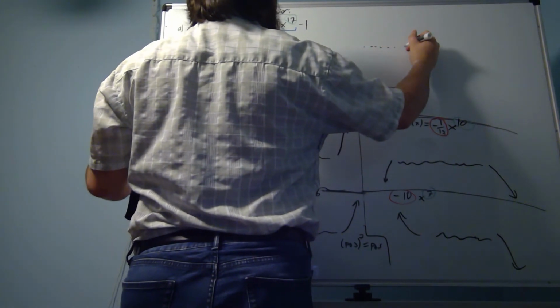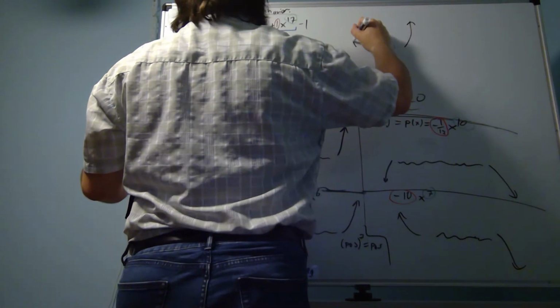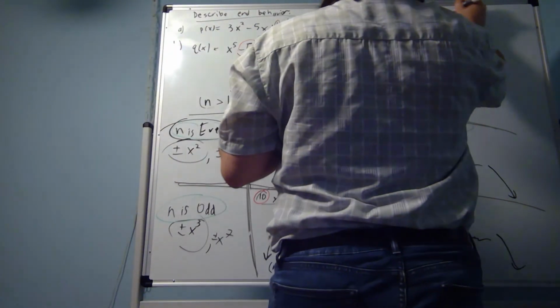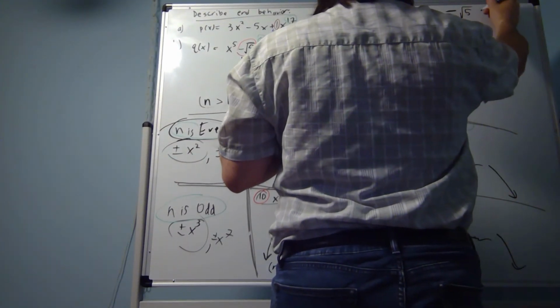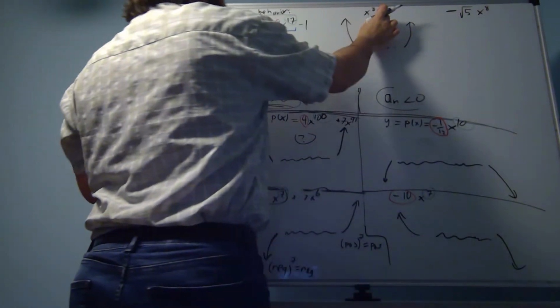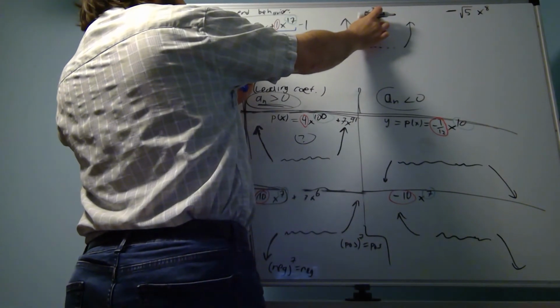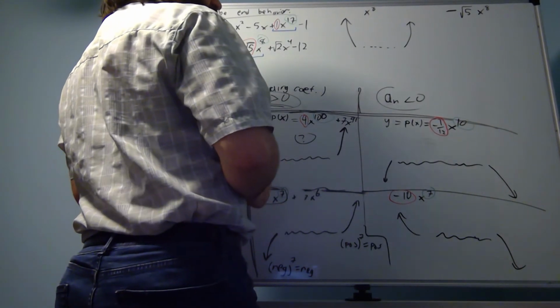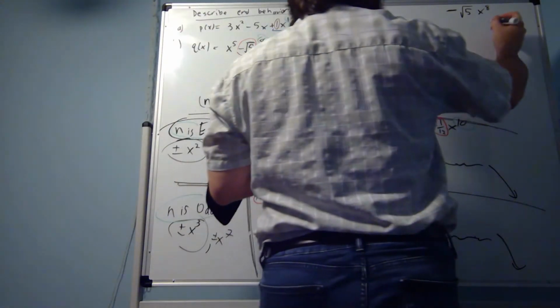x to the 8th, that's an even power of x, so it looks like this. But what we have is a negative. So this is not the final answer, because this is just how x to the 8th behaves. I don't have a positive number times x to the 8th, I have a negative number times x to the 8th.